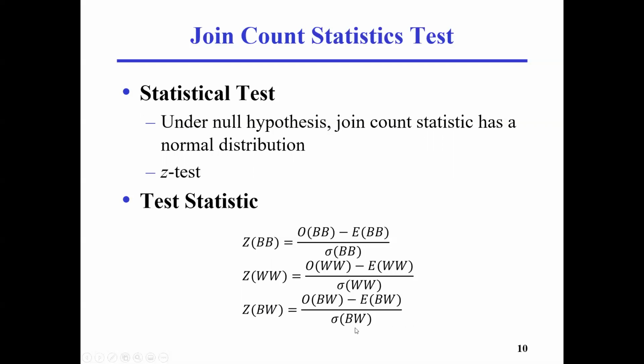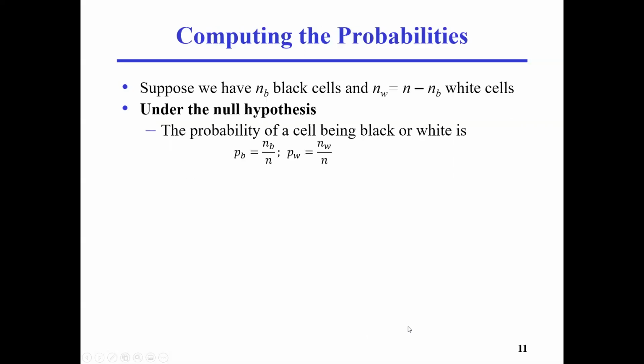Now let's talk about the standard deviation of BW. Before that, we need to define more parameters. Suppose we have NB black cells and NW white cells. If we have N cells in total, the difference between N and NB is NW, because a cell is either black or white. Under the null hypothesis, the probability of a cell being black or white is PB or PW.